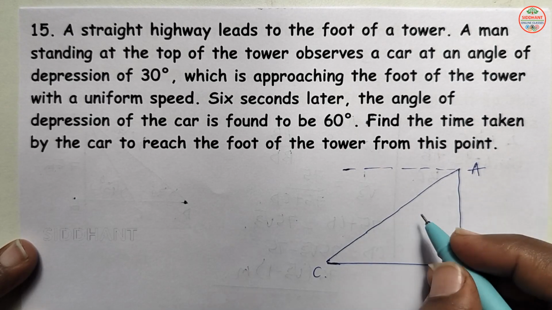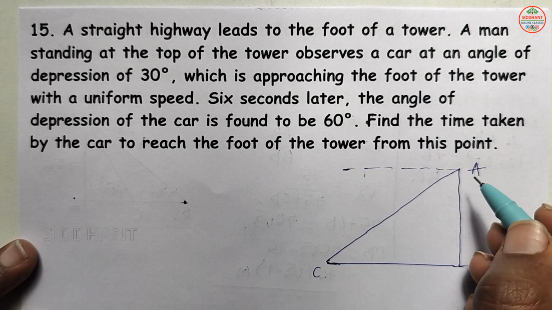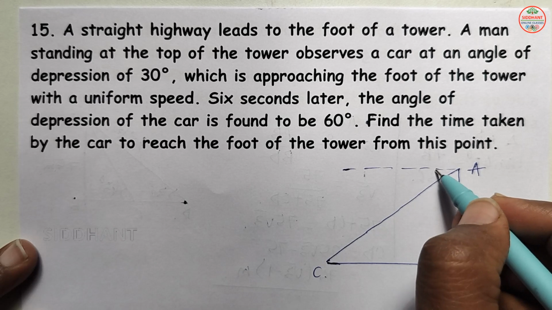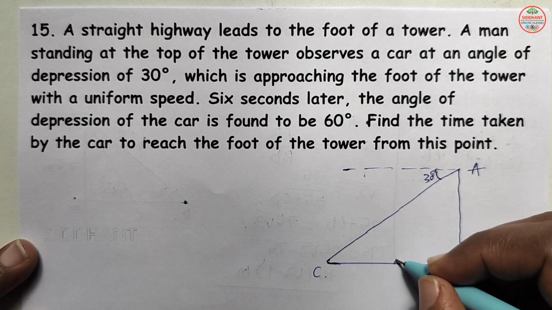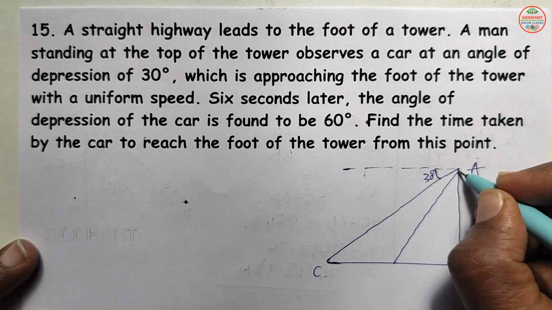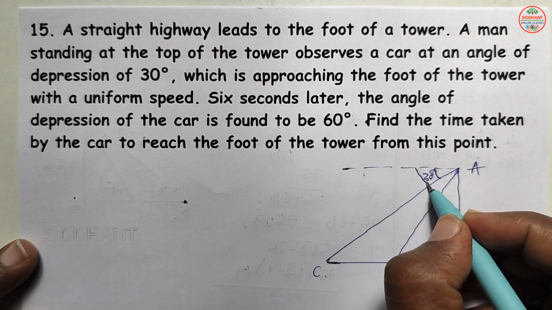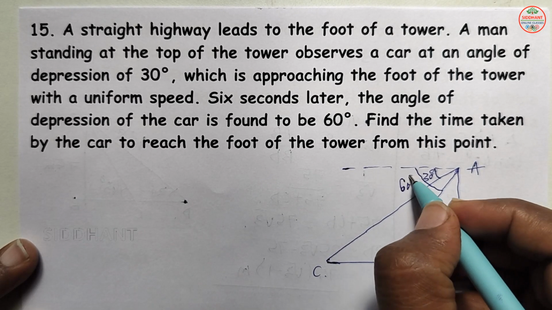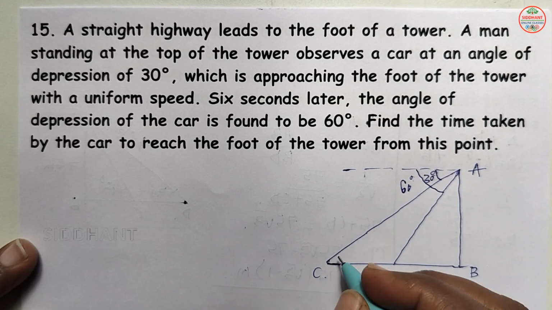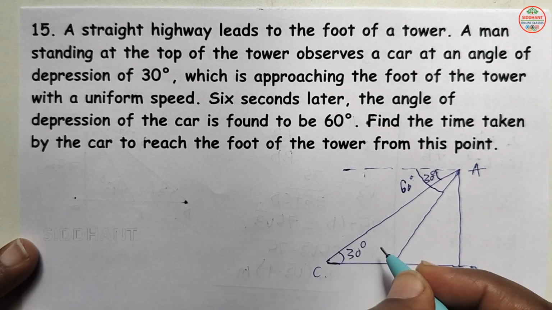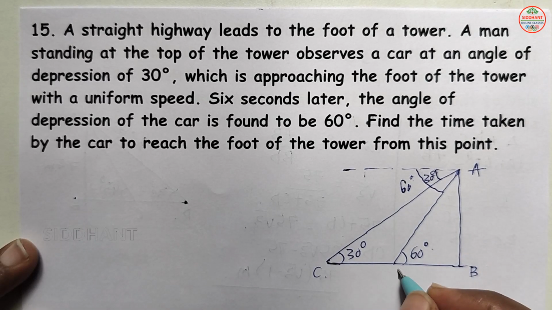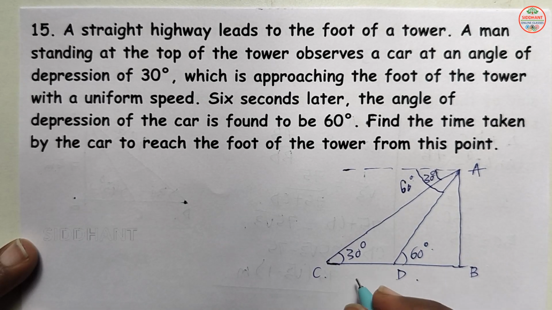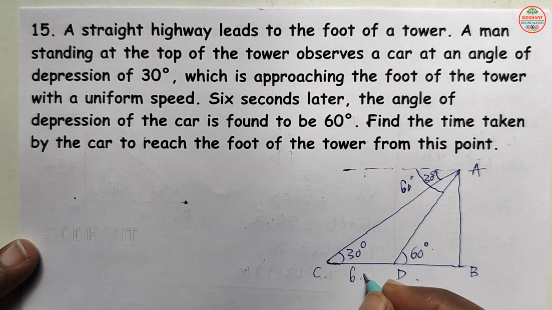First the angle of depression, which is 30 degrees here. Next, after 6 seconds, the angle of depression is 60 degrees. So that means this angle is 30 degrees and this angle is 60 degrees. Let it be D here. So the time taken here is 6 seconds.